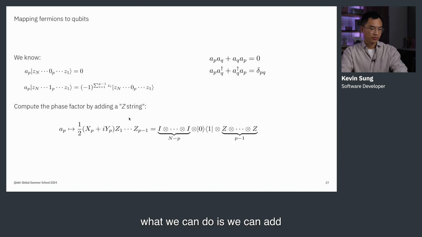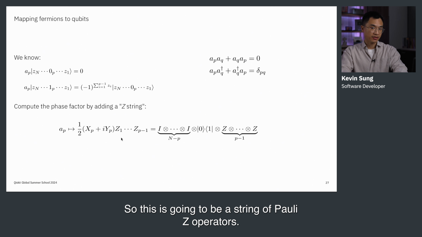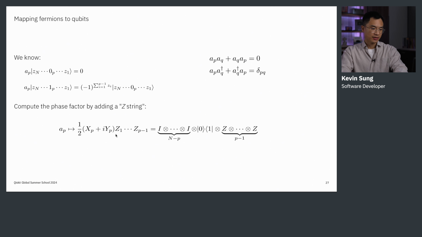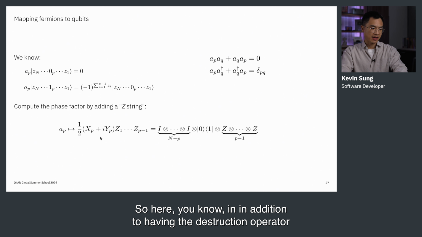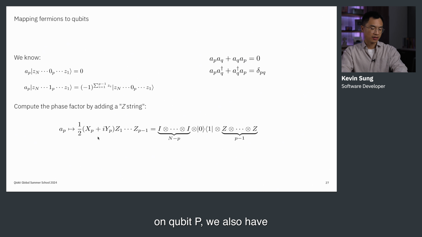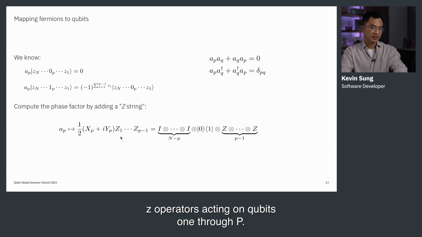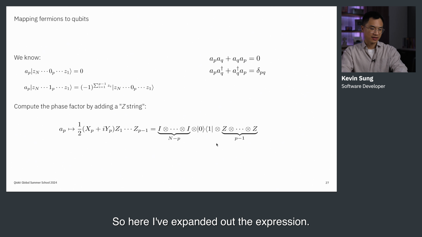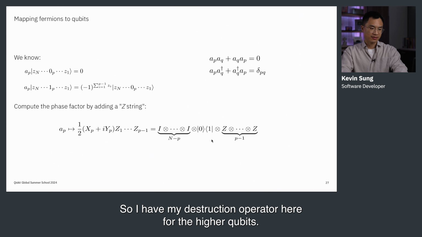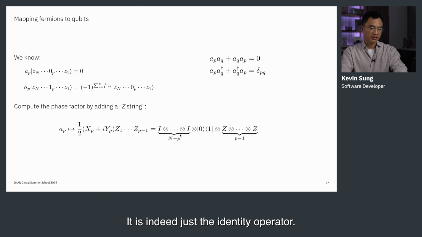To fix this, we can add what's often called a Z string, a string of Pauli Z operators. So in addition to having the destruction operator on qubit P, we also have Z operators acting on qubits 1 through P. Here I've expanded out the expression. I have my destruction operator here. For the higher qubits, it is just the identity operator, but for the lower qubits, we have Z's on all of them.